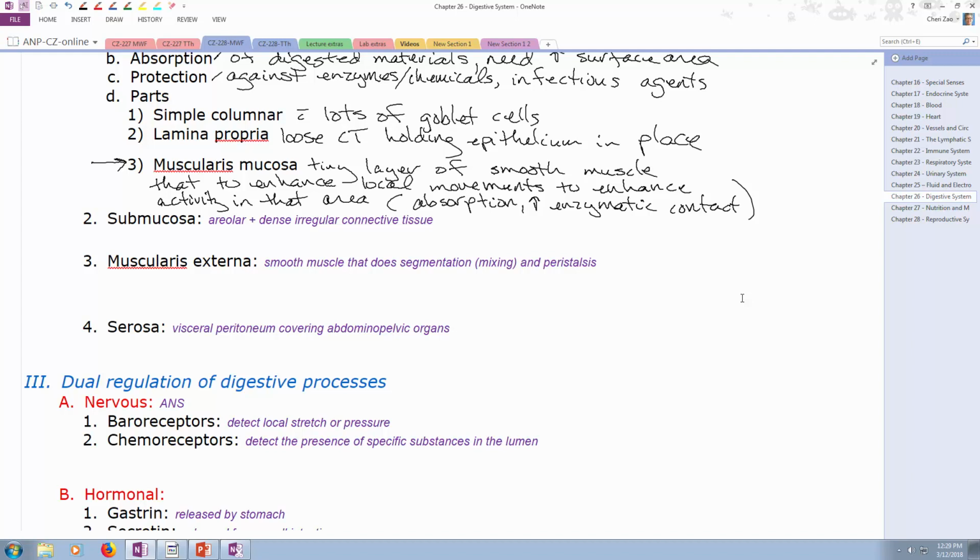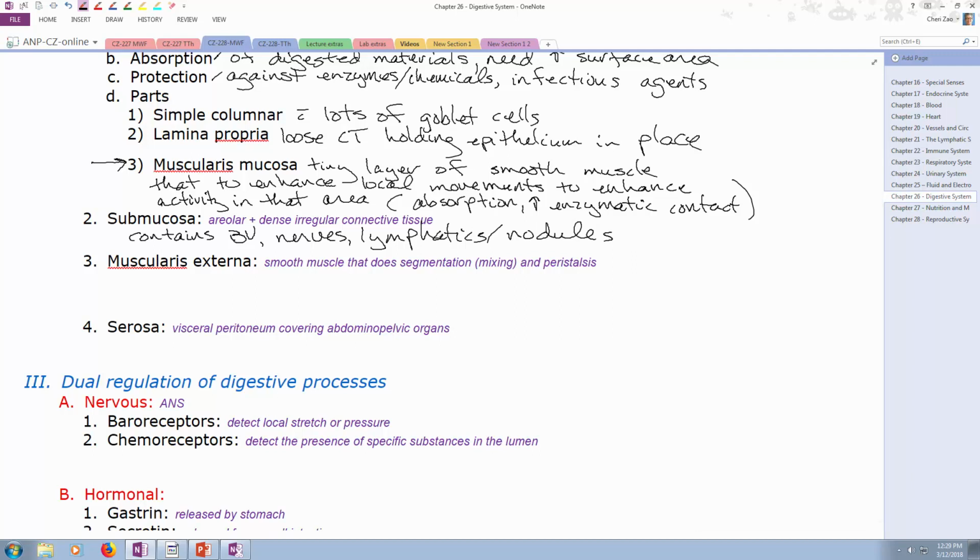In our submucosa, we will find BVs, blood vessels, nerves, and lymphatic structures, lymphatics, plus our nodules. Remember, Peyer's patches is what we're actually talking about.